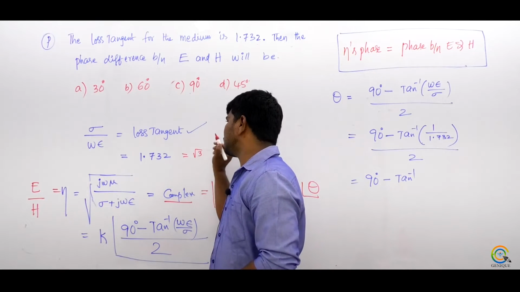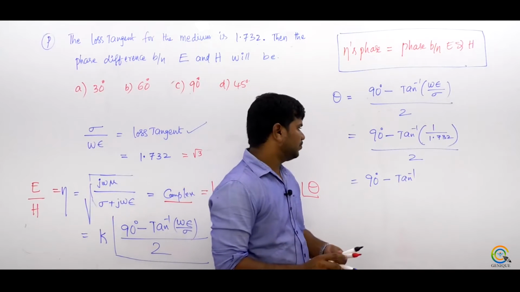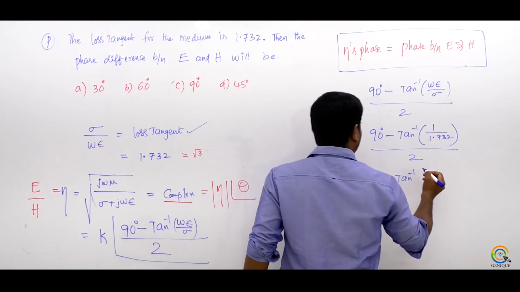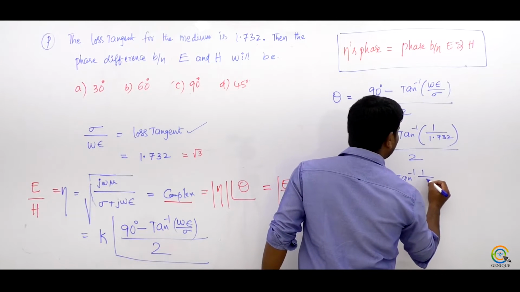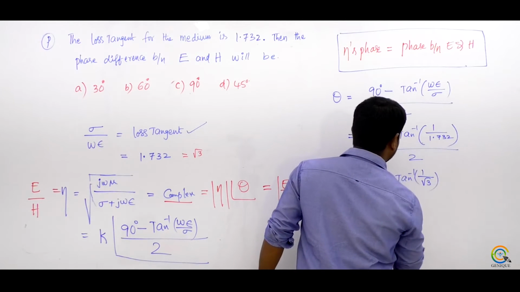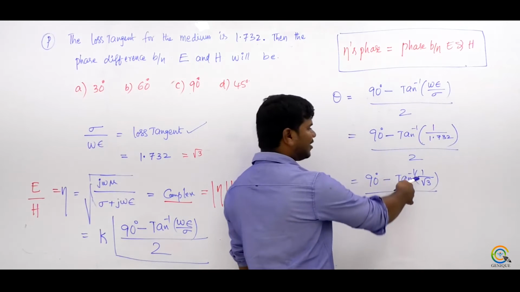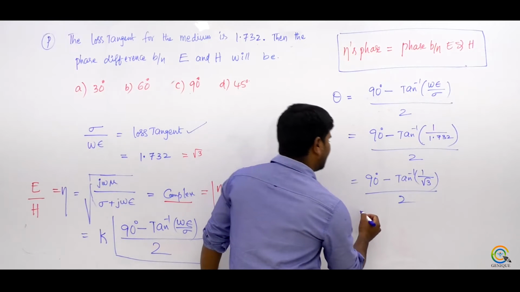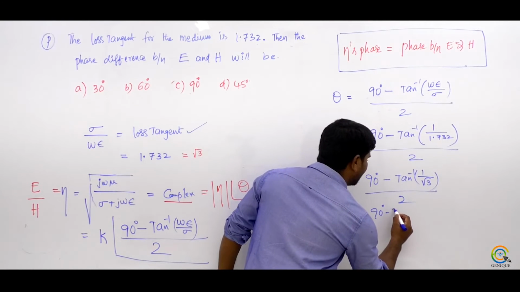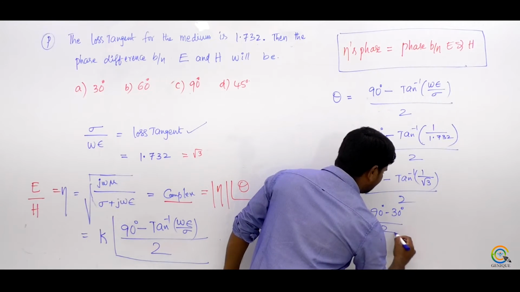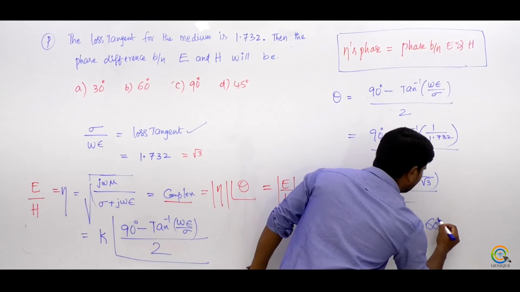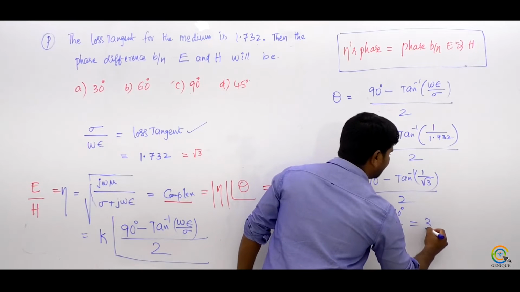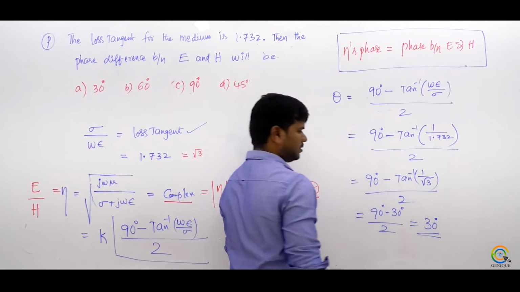You can also use calculators, no problem. Tan inverse of 1 divided by root 3 is 30 degrees. So 90 degrees minus 30 degrees, divided by 2. So this is 60 degrees, 90 degrees minus 60 degrees divided by 2. That means the answer is 30 degrees.